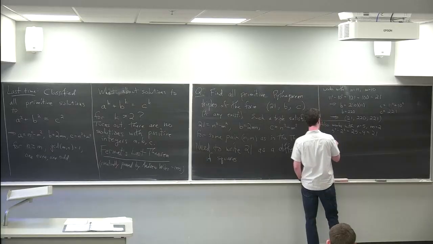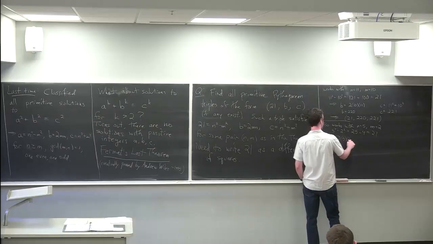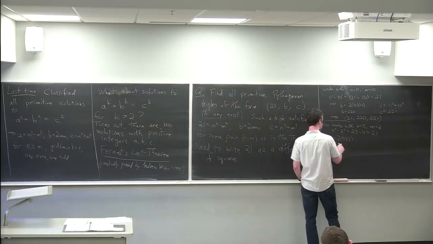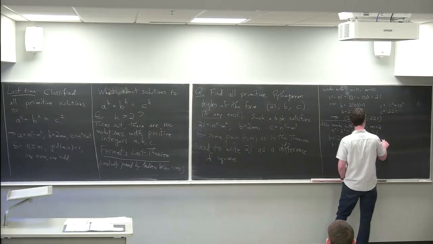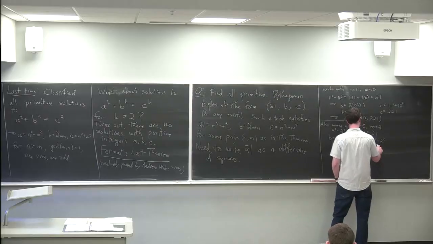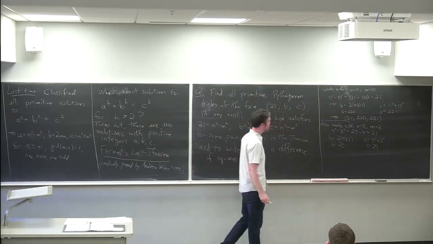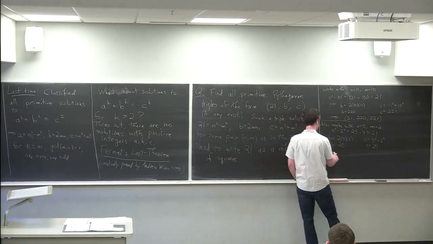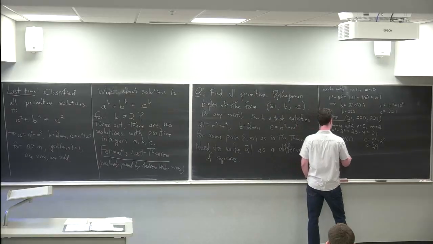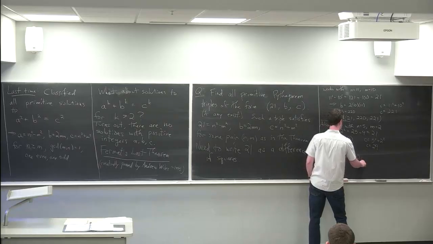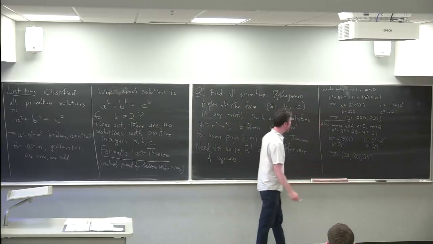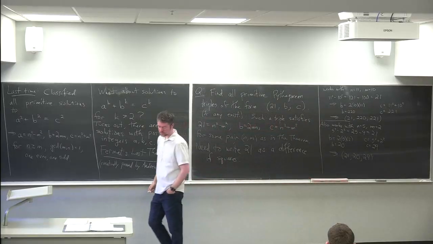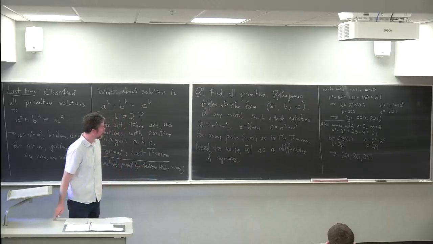If you wanted the Pythagorean triple, B would be 2 times 5 times 2, which is 20. And then C would be 5 squared plus 2 squared, which is 29. So that would give us a different one, which is 21, 20, 29.